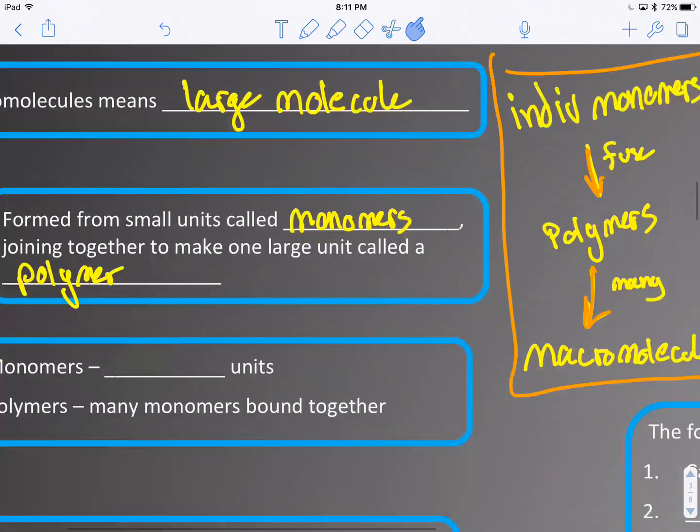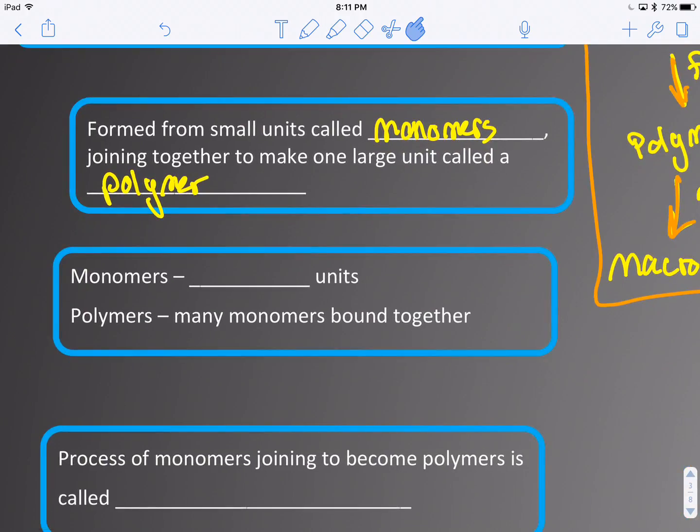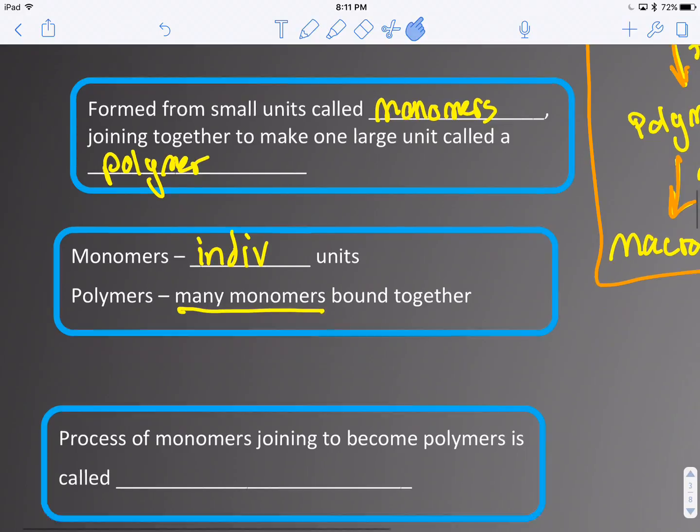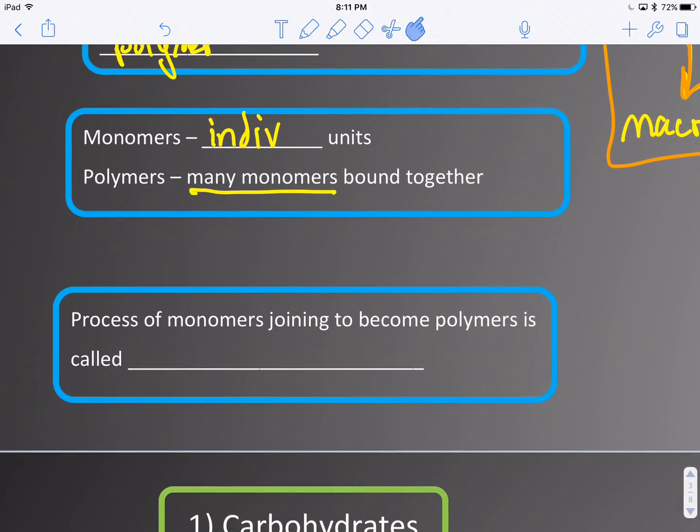Okay? So, as we just said, our monomers are individual units, whereas polymers are many monomers that are bound together. And we know that the process of going from a monomer to a polymer is very simple. It's polymerization.